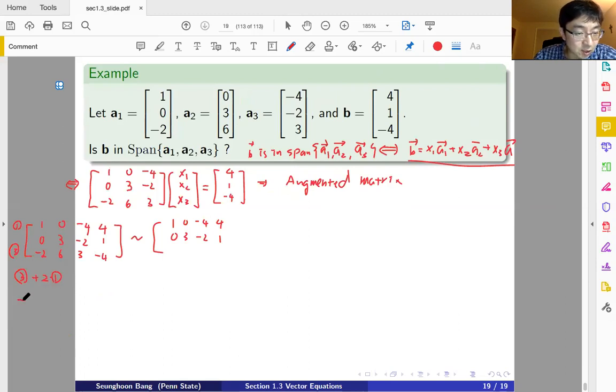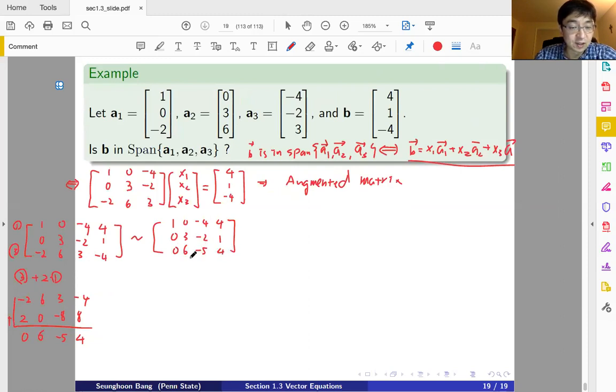The third row is negative 2, 6, 3, negative 4. The 2 times the first row is 2, 0, negative 8, 8. You add these two equations: 0, 6, negative 5, 4. So we have it here, 0, 6, negative 5, and 4.